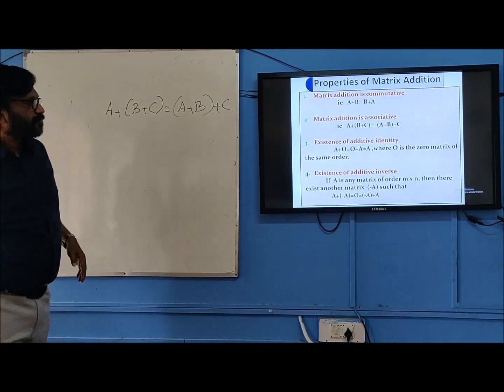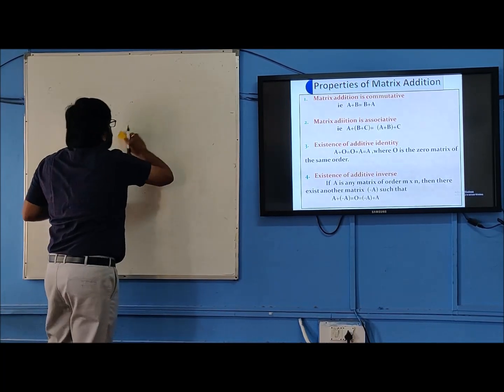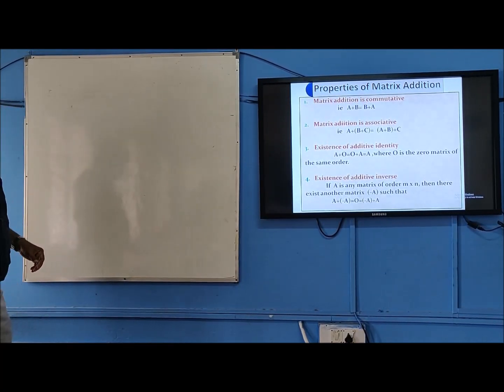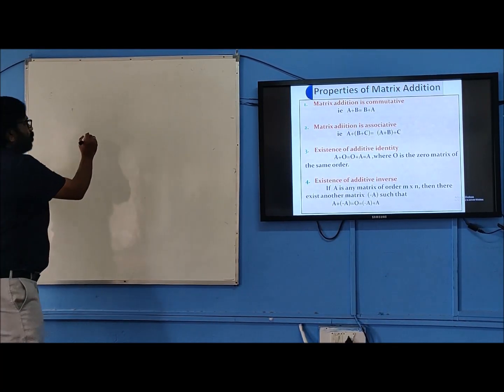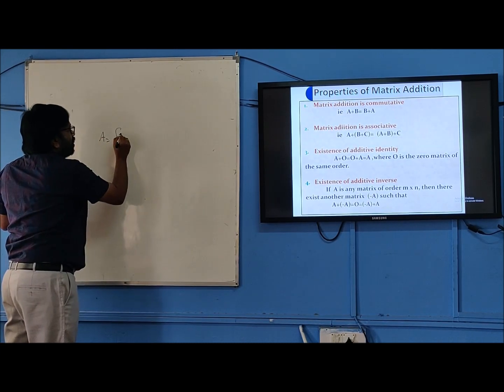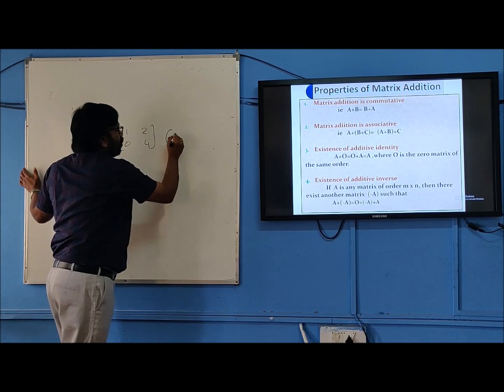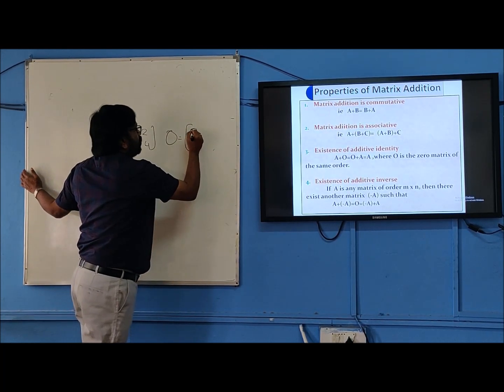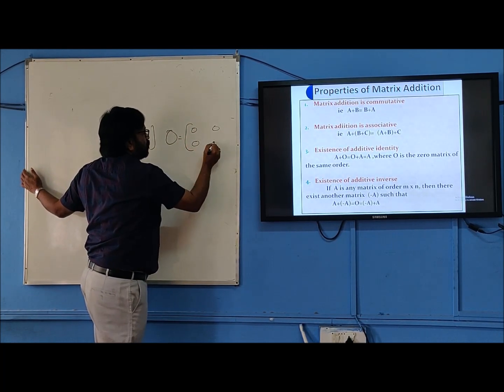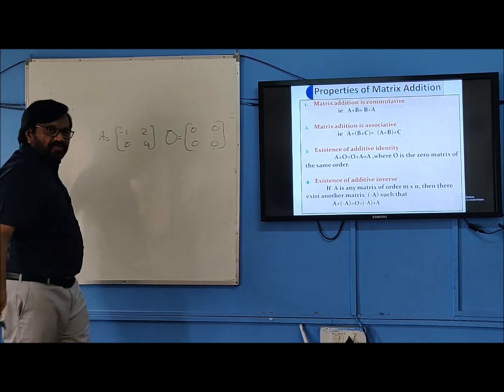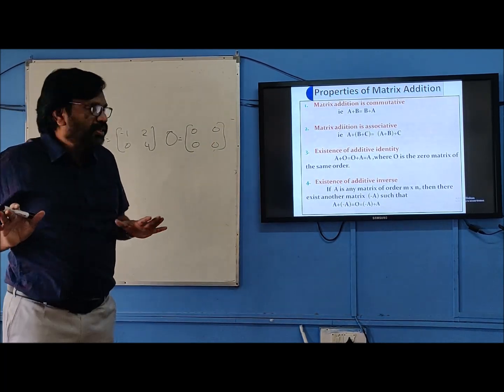Next property is existence of additive identity. Suppose A is the matrix minus 1, 2, 0, 4. Then B is the 0 matrix 0, 0, 0, 0. I am just reminding you, 0 matrix means all the elements are zeros.